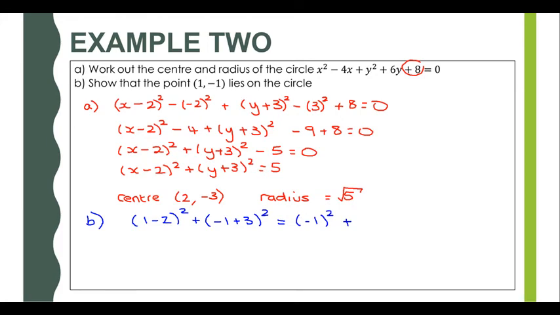Minus 1 plus 3 gives us 2 squared. If we square each of those, minus 1 squared is 1, and 2 squared is 4, which gives us 5, which is true. Our equation of a circle was equal to 5, so the point lies on the circle.